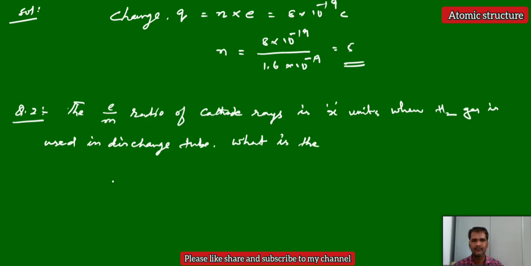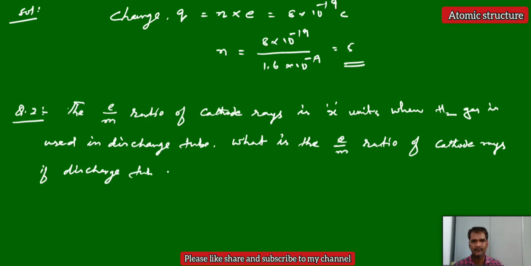Because cathode rays are independent of the nature of the gas. What is the E by M ratio of cathode rays if the discharge tube is filled with nitrogen gas?